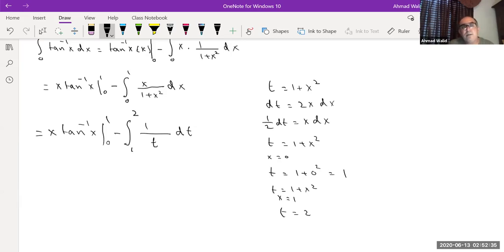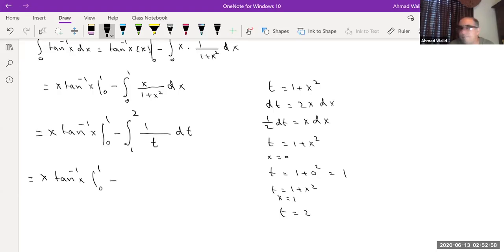Now, x tan inverse x from 0 to 1 minus, what is the integral of 1 over t? Hopefully you remember, the integral of 1 over x is ln x, correct? Or ln absolute value of x.